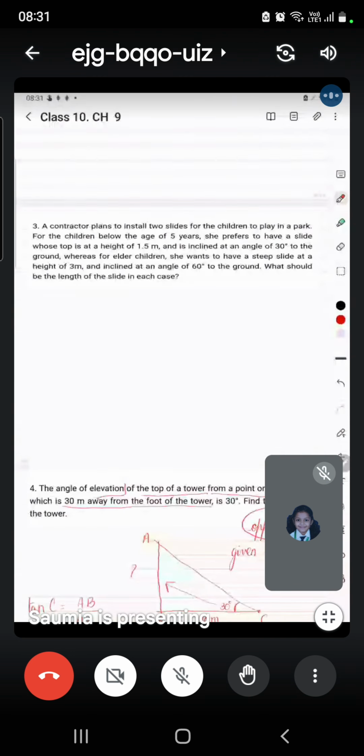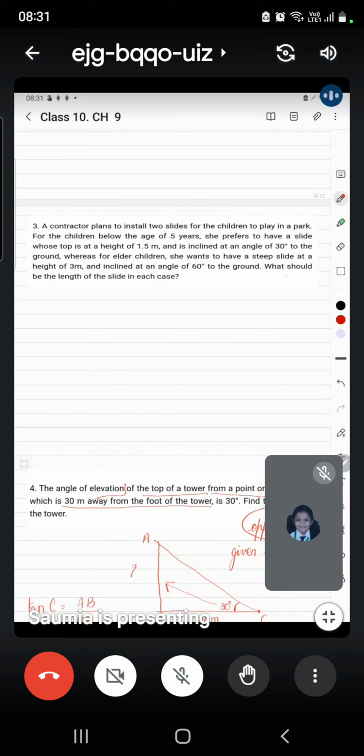For the children below the age of 5 years, she prefers to have a slide whose top is at a height of 1.5 meters and is inclined at an angle of 30 degrees to the ground. Whereas for elder children, she wants to have a steep slide at a height of 3 meters and inclined at an angle of 60 degrees to the ground. What should be the length of the slide in each case?